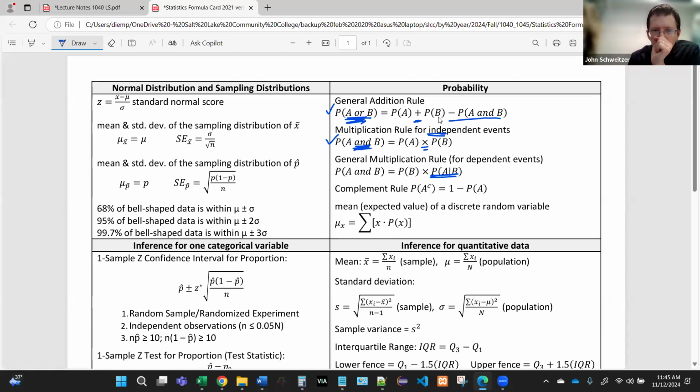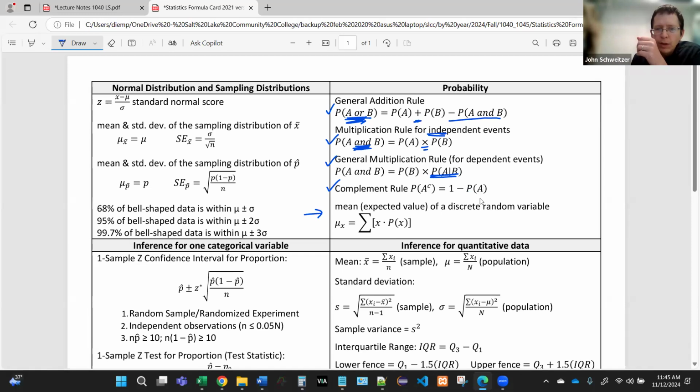We also talked about the complement rule. That's useful sometimes. That's like rain and not rain. Okay, so we've discussed those. The last thing we need in our pure probability section is the expected value of a random variable.